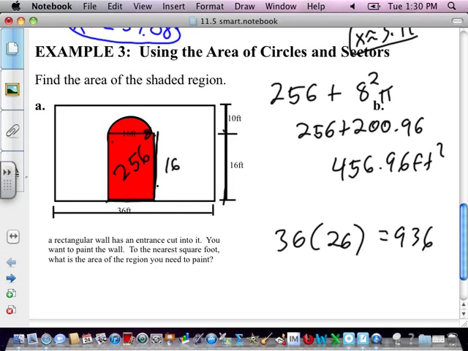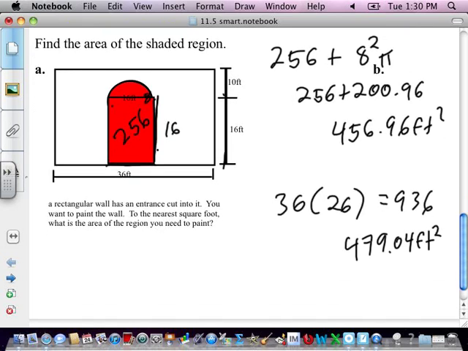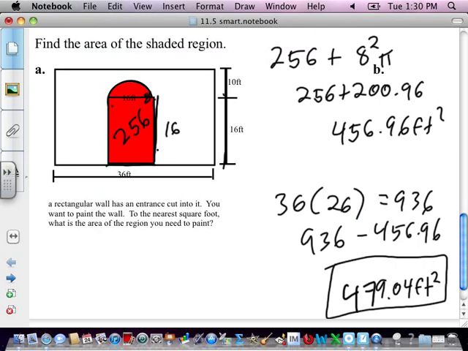This is obviously not drawn to scale. So I get 479.04 feet squared, because I took 936 minus 456.96. Hold on, I'll move this up a little bit and write down what I did. 936 is the whole thing, minus 456.96, and I got the leftover space that needs to be painted.